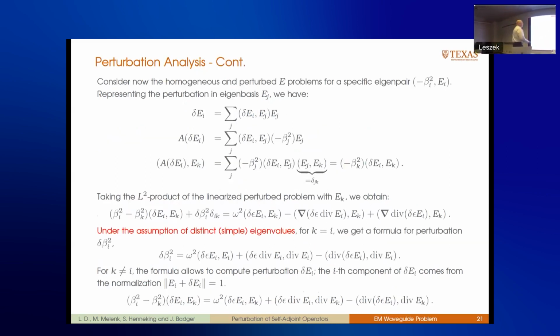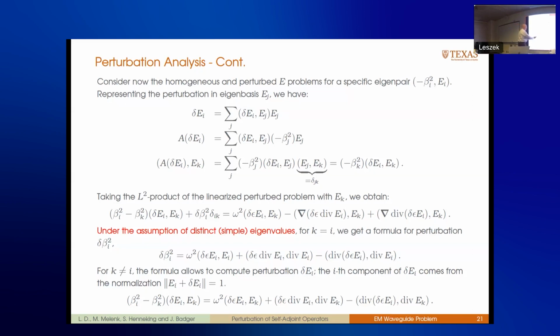Linearized problem. And then the key point here, and this is where credit goes to Lord Rayleigh, he represented these perturbations in terms of the spectral components, using the original guys that are, after all, eigenvectors of self-adjoint operators, right? So you have orthogonality and all the nice things there, right?